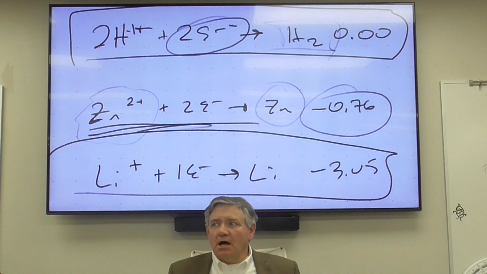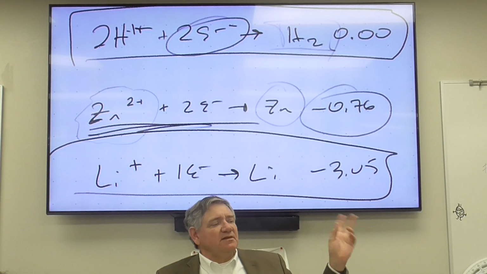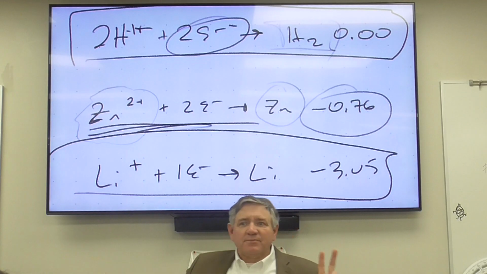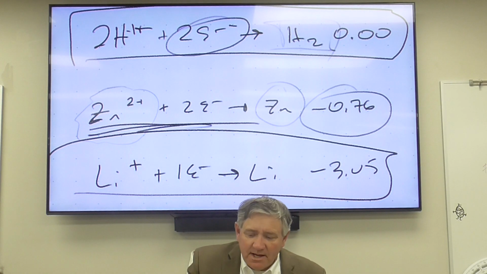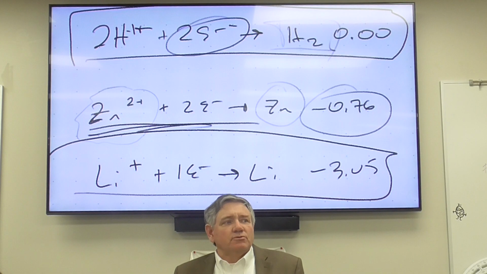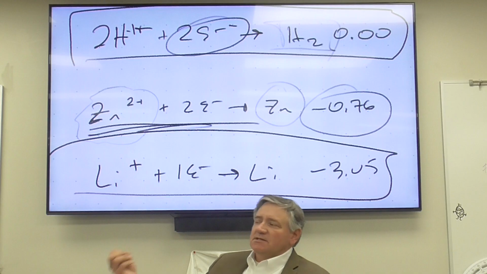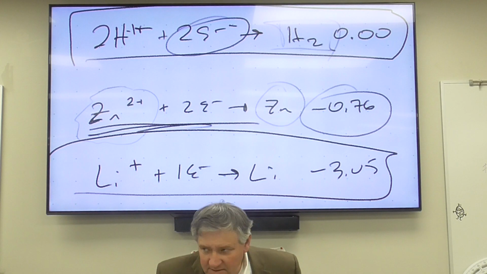It does not want to take in an electron, because lithium has that one little valence electron out there, and it really wants to look like helium, so it wants to give that electron away. This is why we don't build jewelry out of lithium, because lithium doesn't like to exist as lithium. Lithium wants to give away electrons.